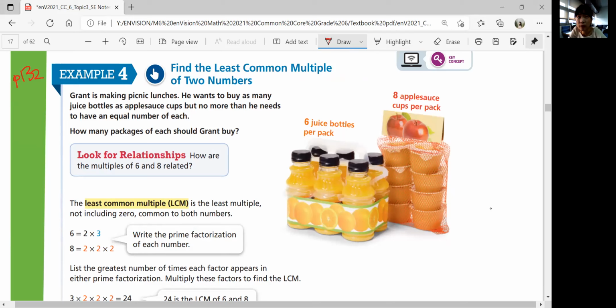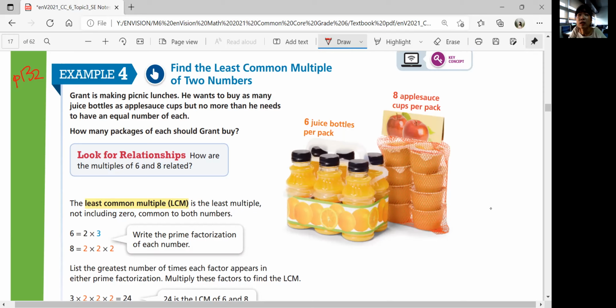So in other words, no remainder. How many packages of each should Grant buy? He got 6 juice bottles per pack, 8 applesauce cups per pack.